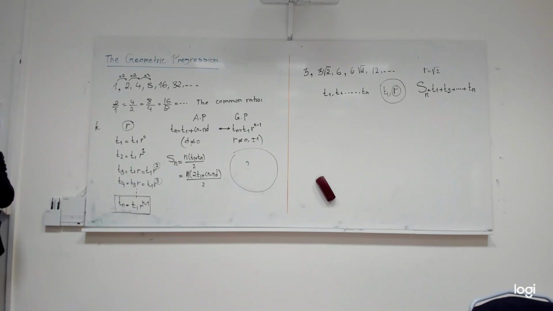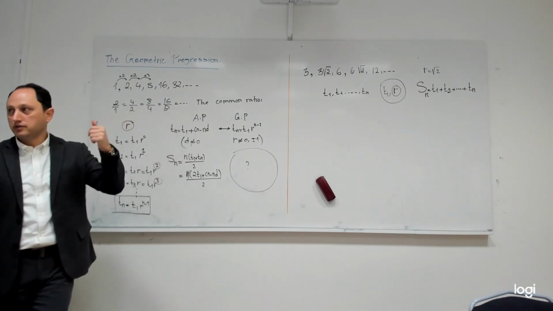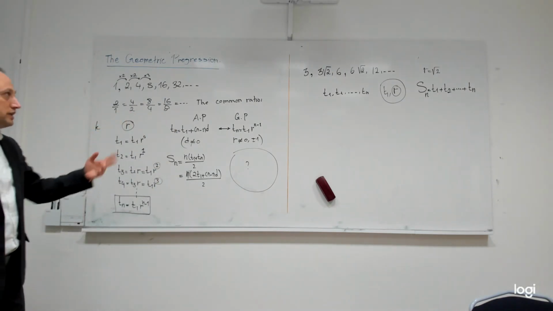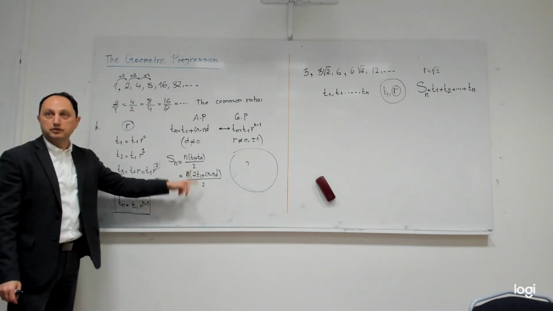How did I do that? I rewrote it first in the reverse order and added them. How many D's are there in that? Yeah, exactly. So the idea was to write this the other way around and add them term by term. And then of course I will get 2 times that number, then at the end I divide by 2. This is why this division by 2.